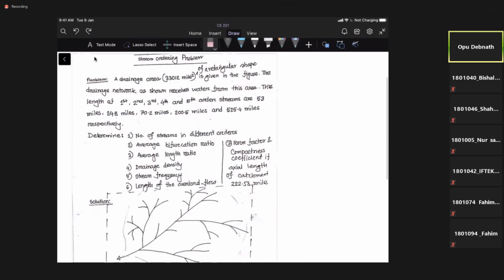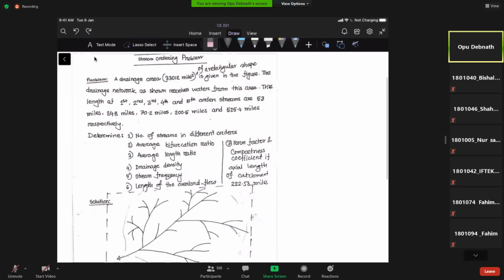The drainage network as shown receives water from this area. That means the dotted lines, this is the equivalent rectangular area, to collect the water. So this is the area from which this drainage system is collecting water.